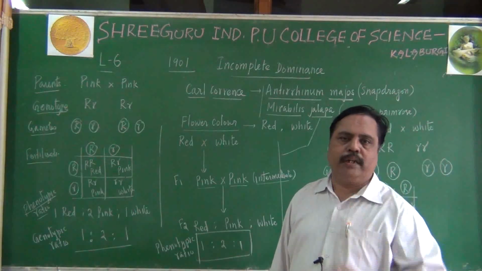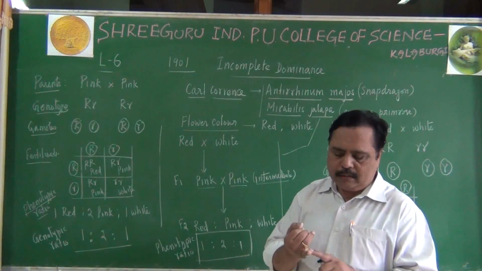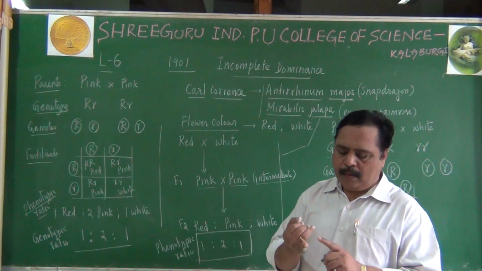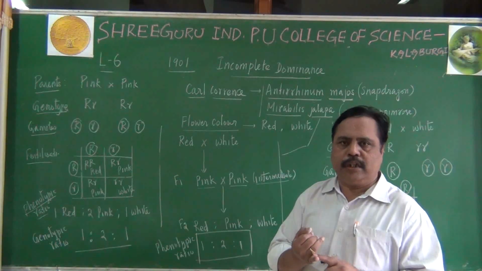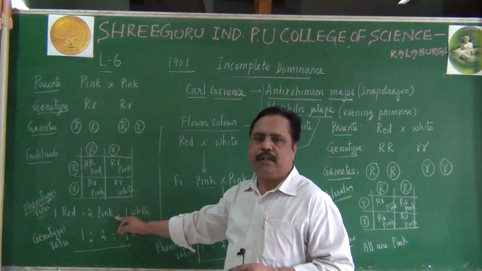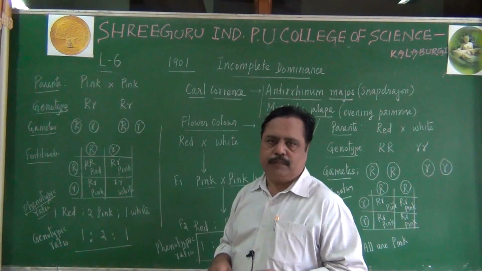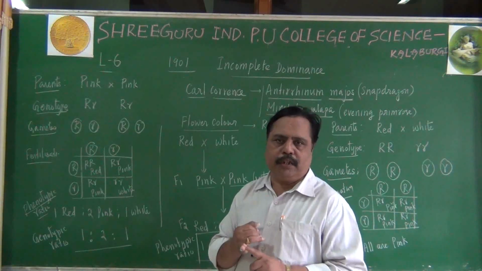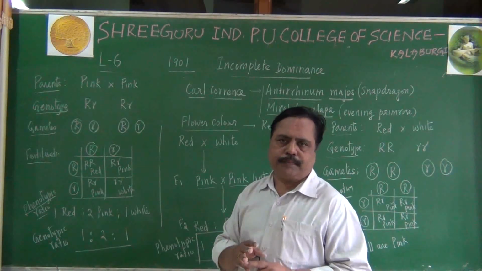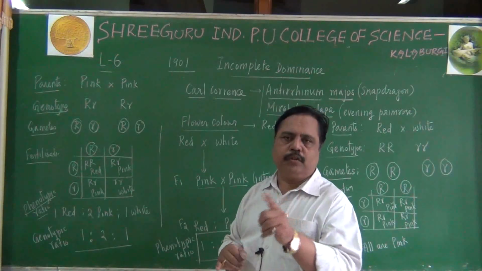I told you four types of ratios so far: monohybrid phenotypic ratio, monohybrid genotypic ratio, incomplete dominance phenotypic ratio, incomplete dominance genotypic ratio. What is the monohybrid phenotypic ratio? 3:1. What is the monohybrid genotypic ratio? 1:2:1.